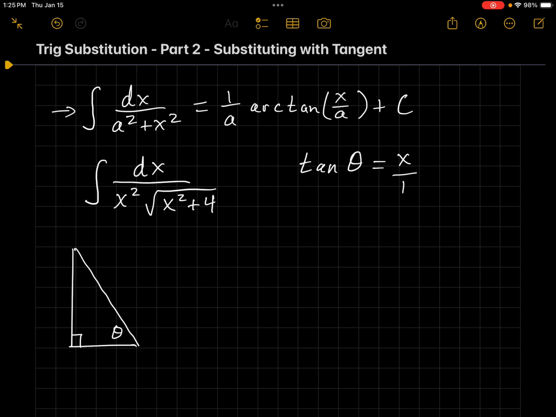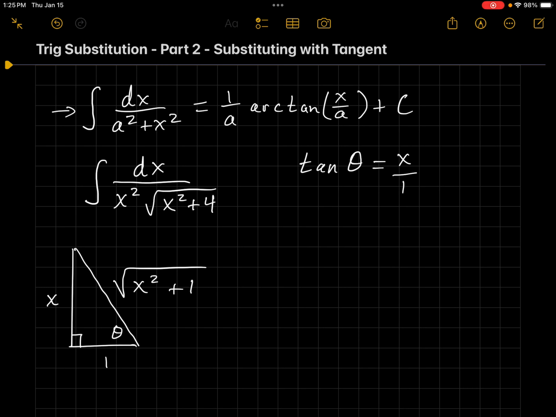Just like we did with sine substitution, let's build our right triangle. If tangent is x over 1, I know tangent is opposite over adjacent. And then we would end up with x squared plus 1 as our third side.